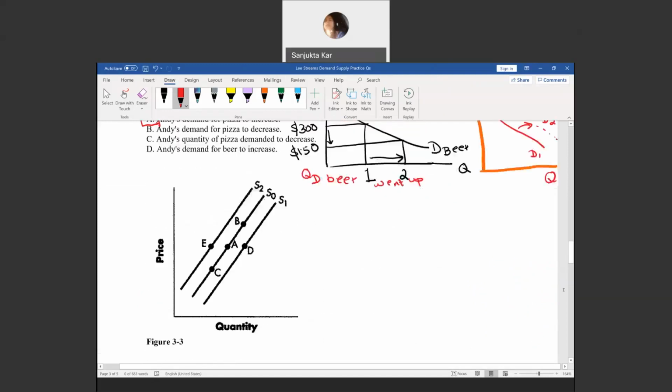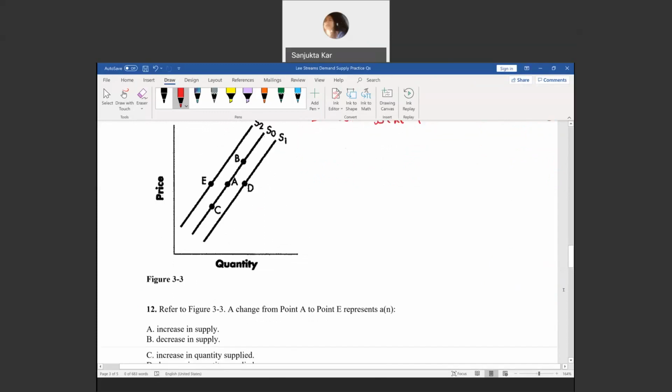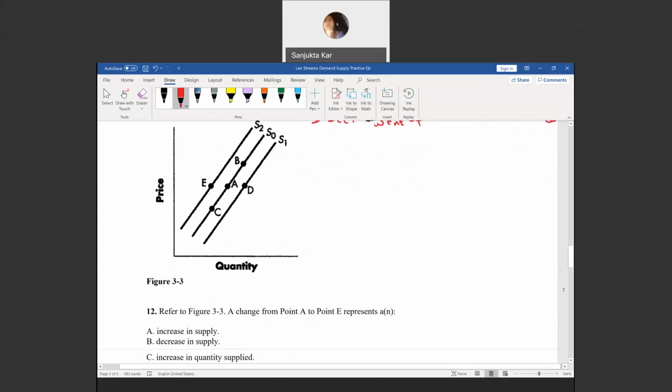Now we are moving on to question 12. It is asking me what a change from point A to point E represents. So at point A, we are on supply curve S0. At point E, we are on supply curve S2. So the supply curve has shifted to the left. That means there is a decrease in supply.